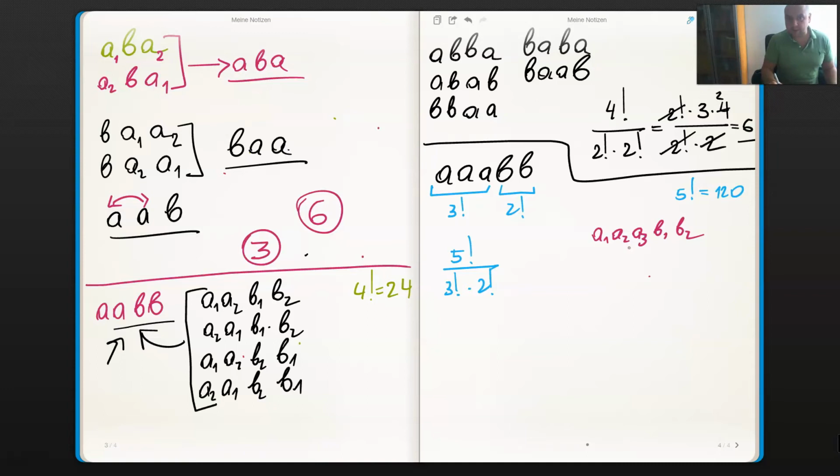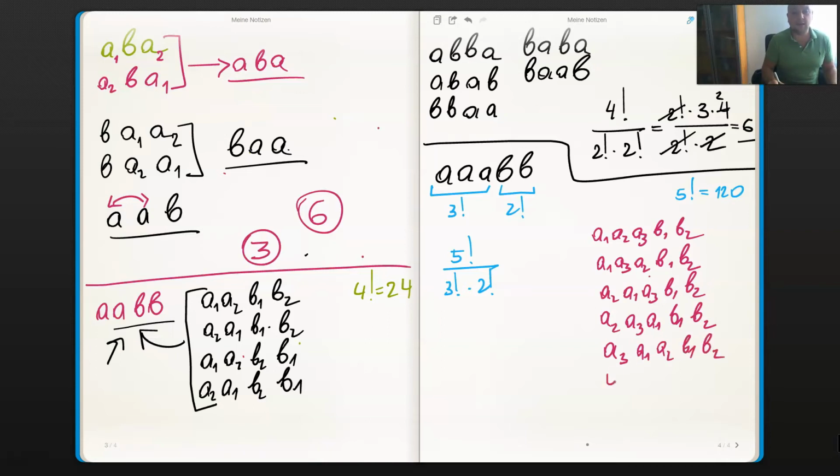Well, if I permute only the A's and keep the B's the way they are, like A1, A3, A2, B1, B2 here, A2, A1, A3, B1, B2 still in here, A2, A3, A1, B1, B2, A3, A1, A2, B1, B2, and A3, A2, A1, B1, B2.